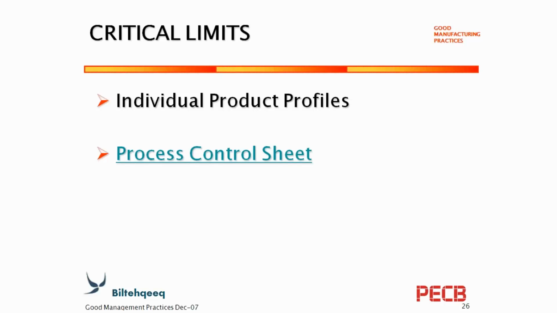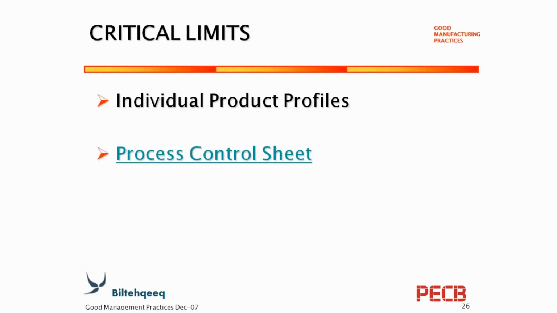So these critical limits can be different for different products. Each product has its own profile, and these limits will be different for different products. Maybe a certain temperature is good for one product, but the same temperature is not good for another product.